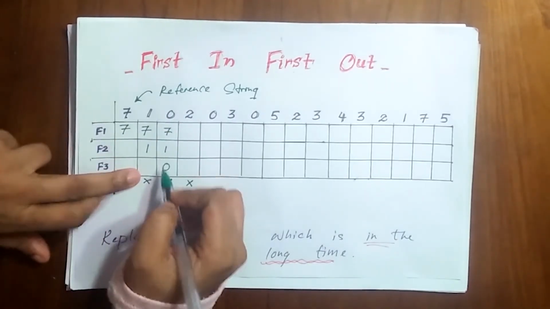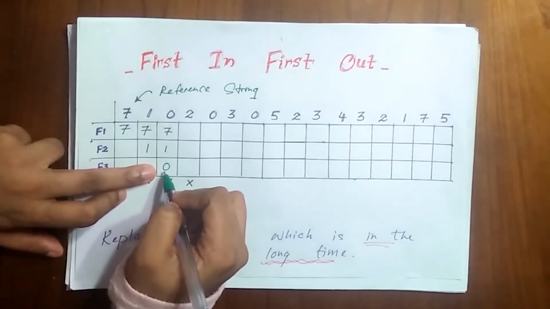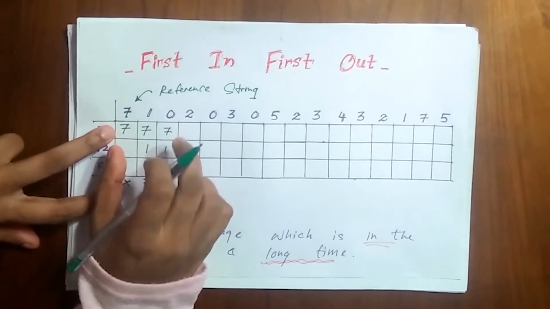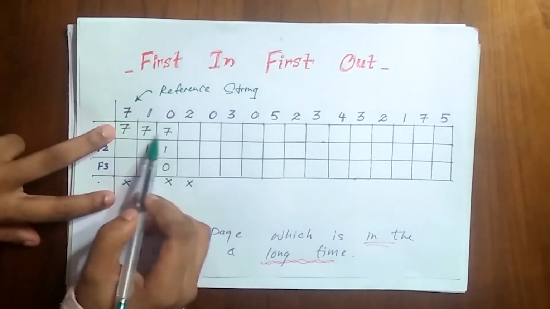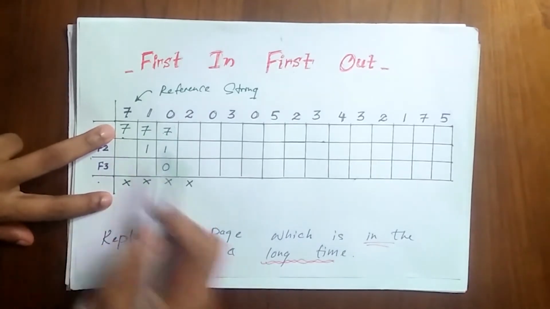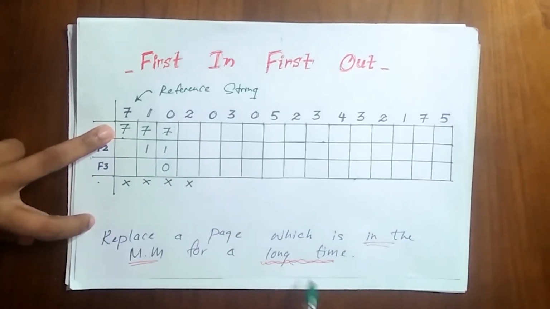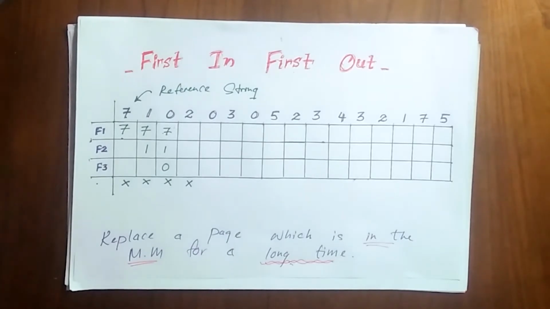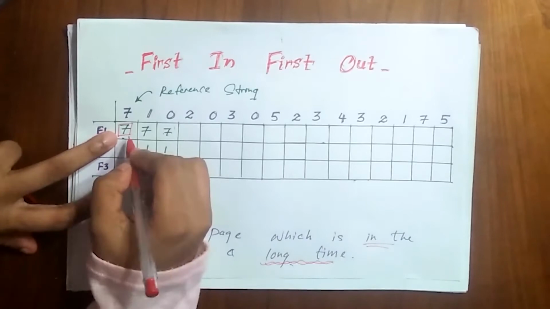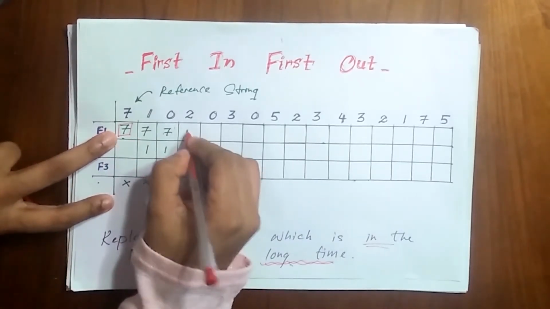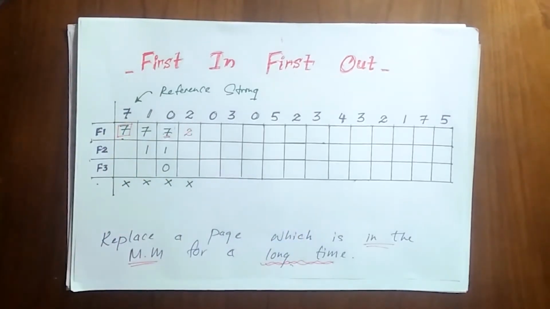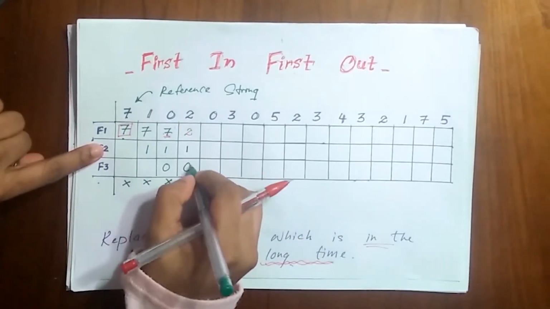So here you can see 0, it is 1, and here it is 2, and 7, it is 3. That means it has the highest count, and that means it is the page which is in the main memory for a long time. So we are going to replace this 7, and place 2 here instead of this 7, and 1 and 0 remain the same.